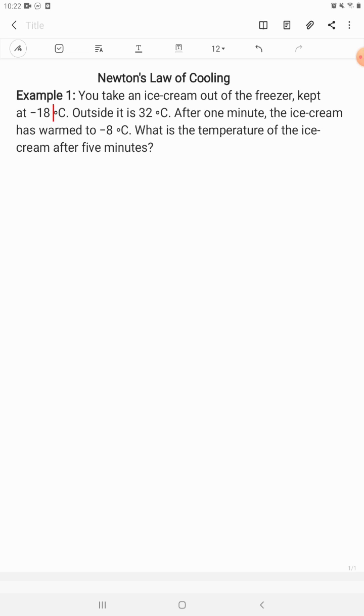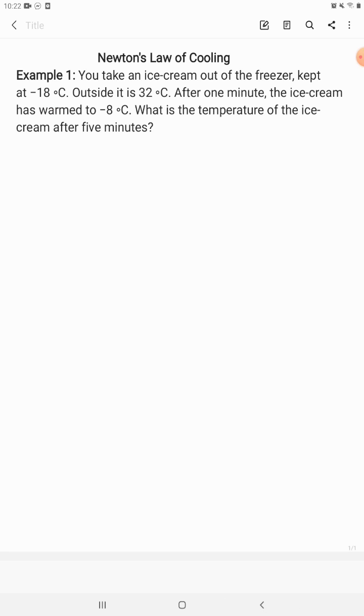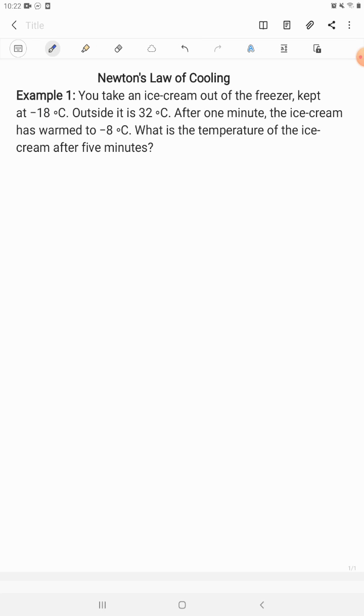As we have discussed last time, the formula for Newton's law of cooling is T equals the temperature of the surrounding, which is A or T sub S, plus C e to the power of K T.